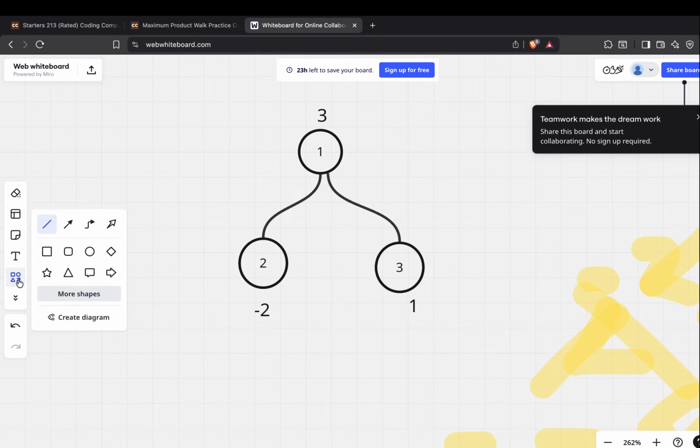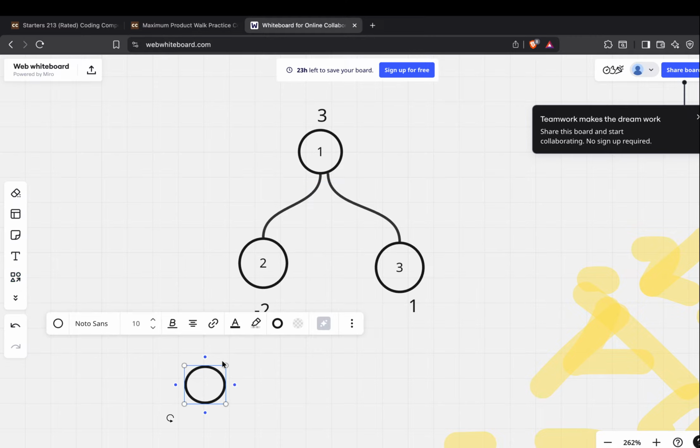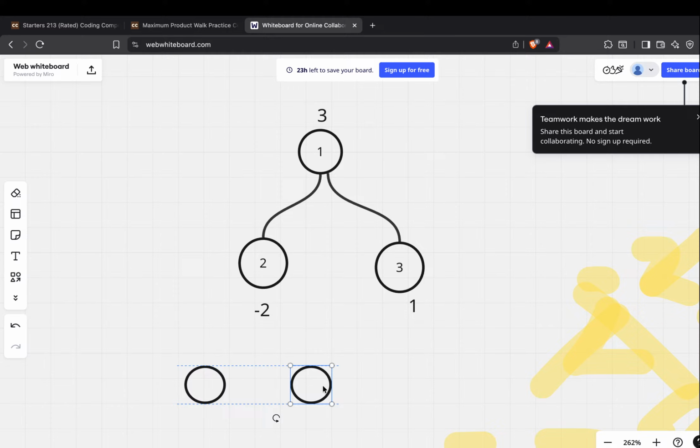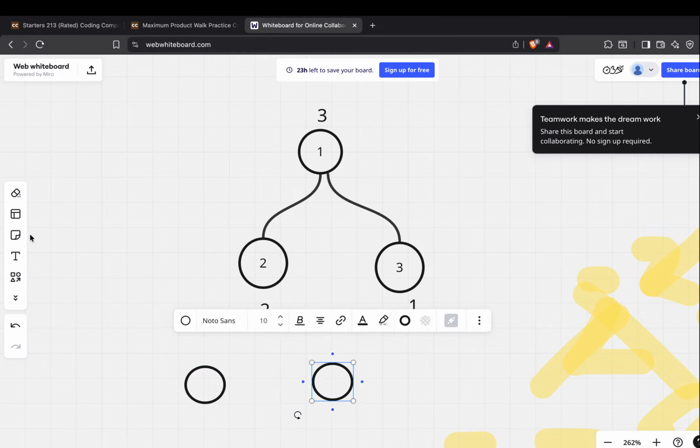What if it had two more nodes as its children? All right.